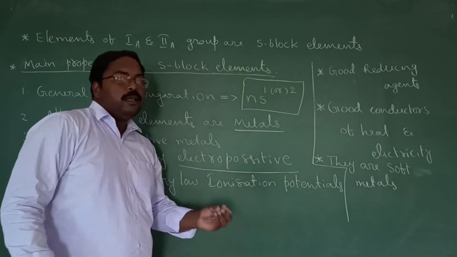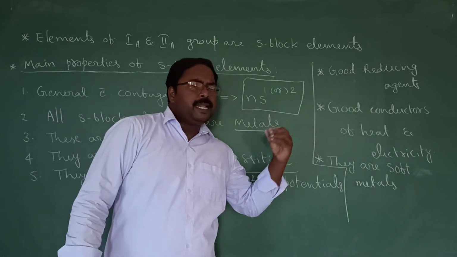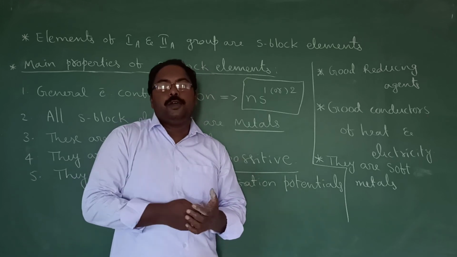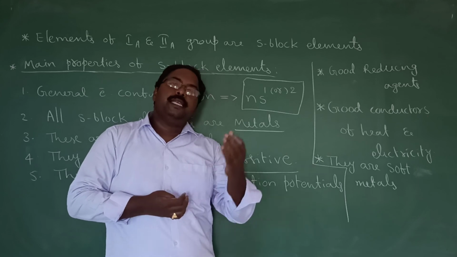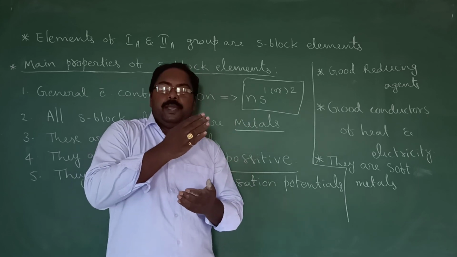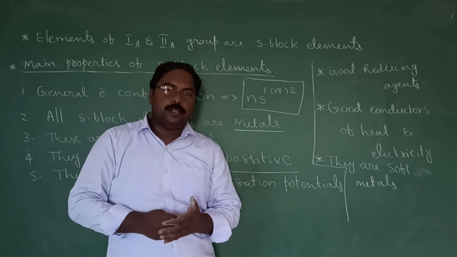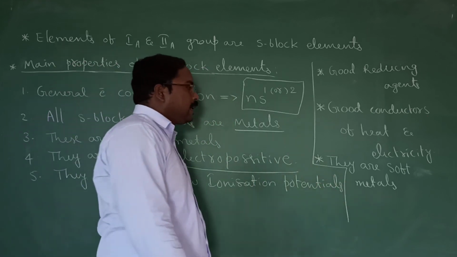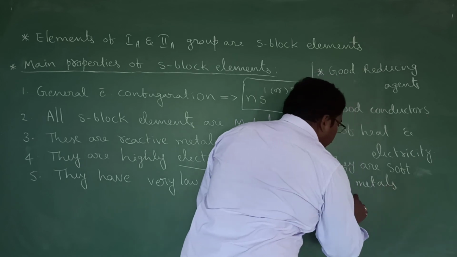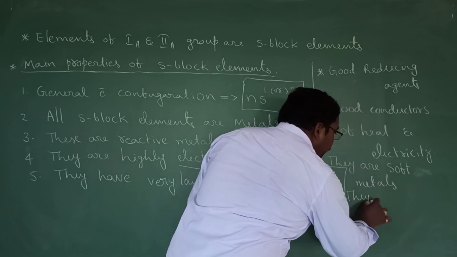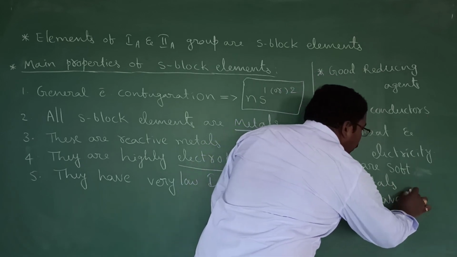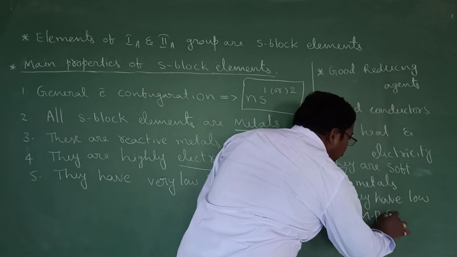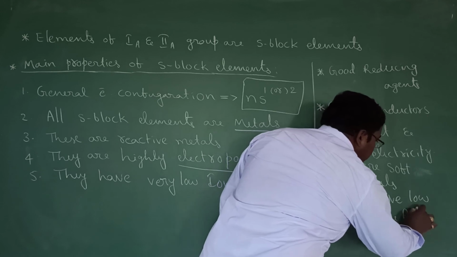Generally metals are very hard. An iron rod, if you see it, will be very hard. But you may have learned in lower classes that sodium is a soft metal which can be cut even with a knife. So generally these metals are soft in nature because they have low melting points and boiling points.